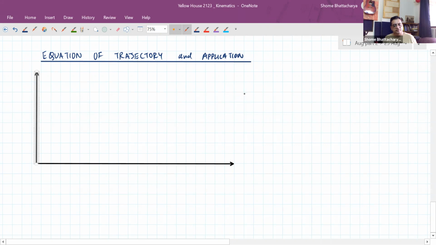So taking our standard reference frame, x-axis horizontal, y-axis vertical, and the origin is the point from which we have projected the particle at time t equal to 0. If it follows a path like this, then we already know how to write the coordinates and the velocity at time t.